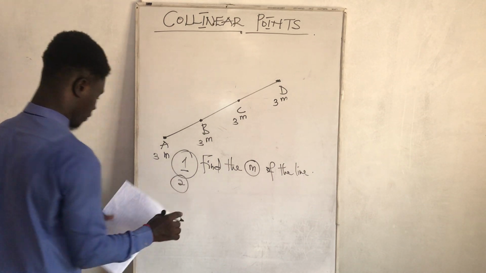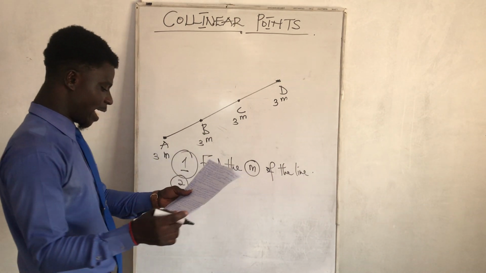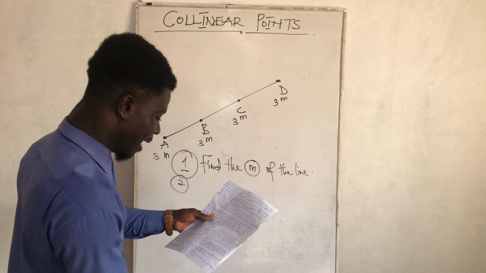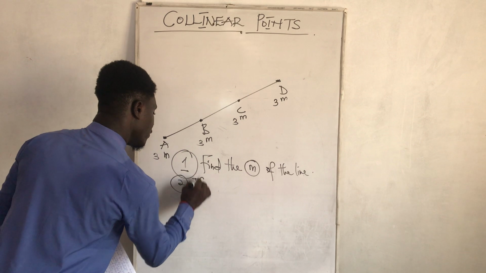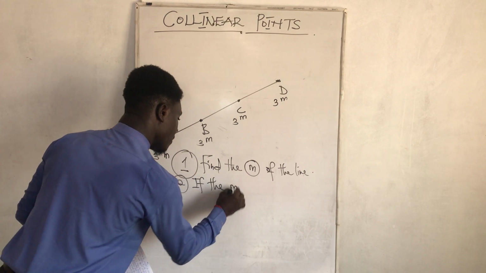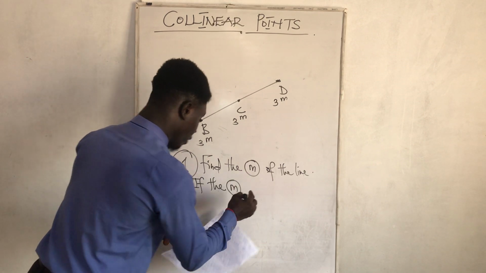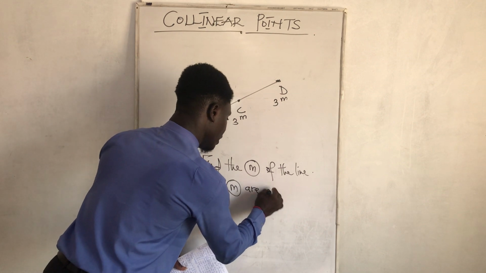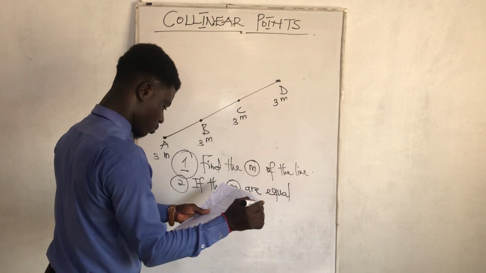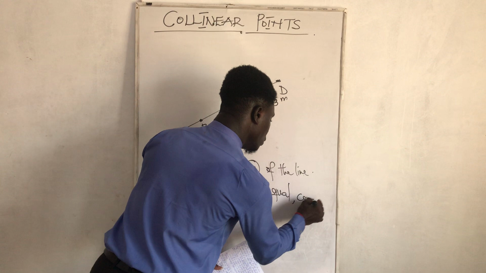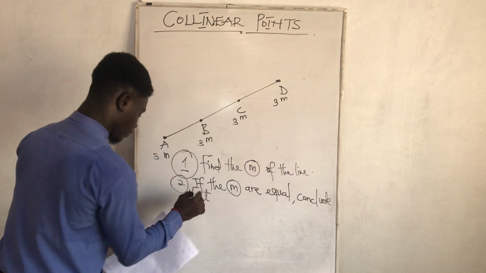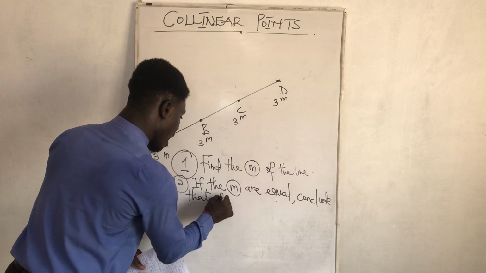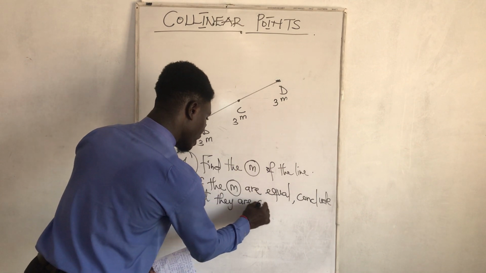Then step 2: if the gradients m are equal, conclude that they are collinear.